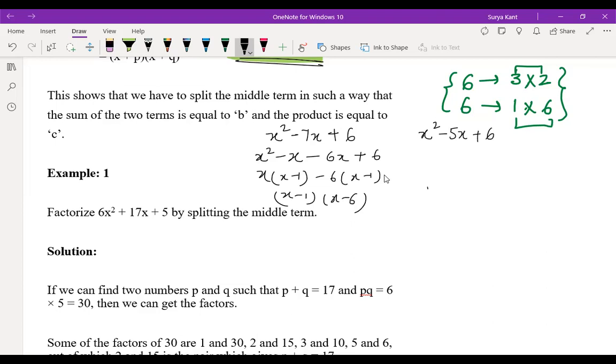Now you tell. Or I write here minus 6 only. Tell me, children, now what should I do? Tell fast, x square minus 5x minus 6.